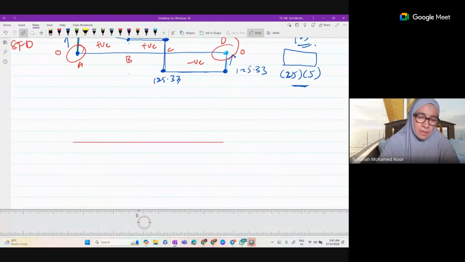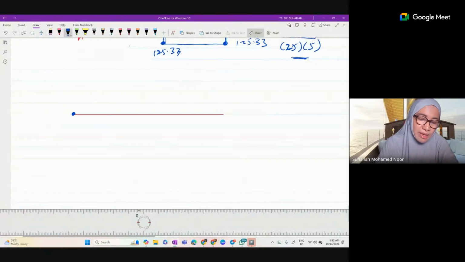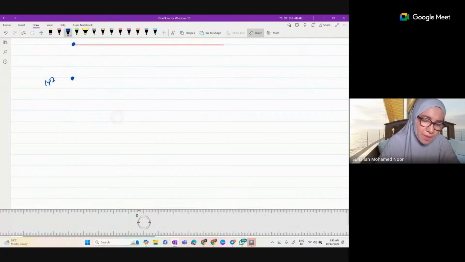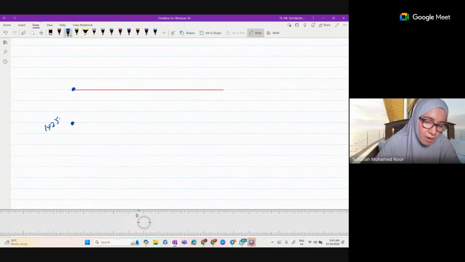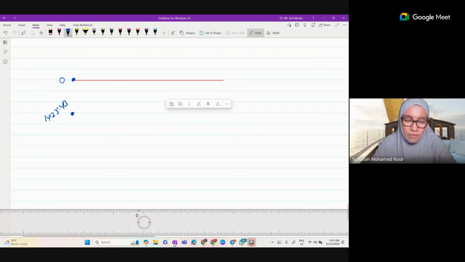But it does not start at that value, it starts at zero. Zero means the point is at the baseline here. Minus 1425.43 means the point is below. So here let's say is its point, 1425.43. So the bending moment diagram starts at 0, then the second point is below because it is negative, 1425.43. Okay, now we want to find the next point.